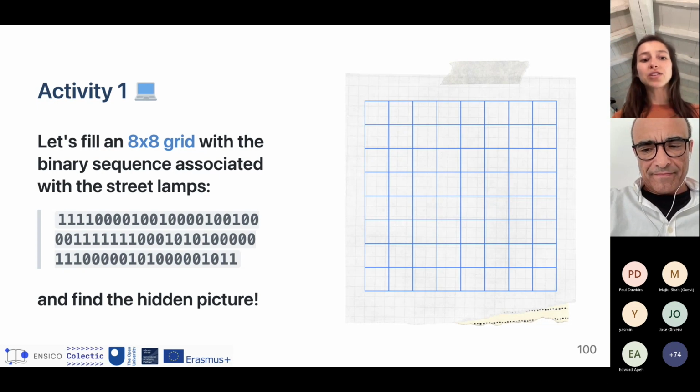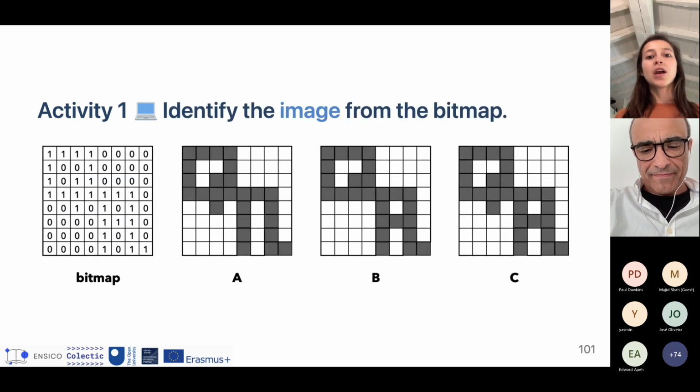And after writing all of that, we will get a picture. Okay, we will get a picture, and now we are going to launch a poll for you to tell us what picture it is. Okay, so this is the first activity, mission number 1. Identify the image that we obtain from the bitmap. So Louise, if you could please launch the poll, we will ask you to answer it.